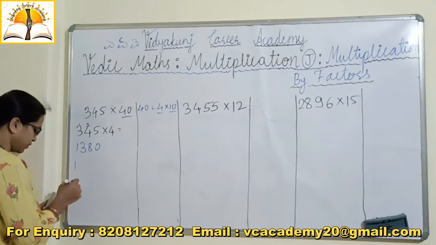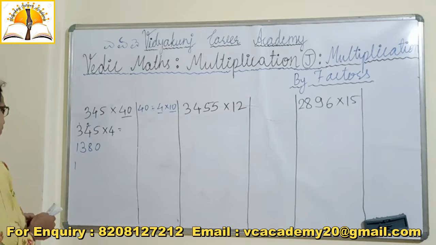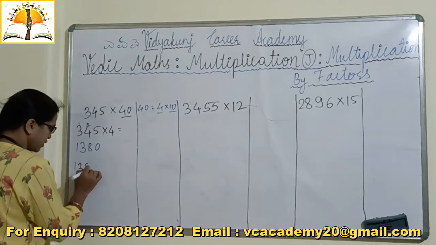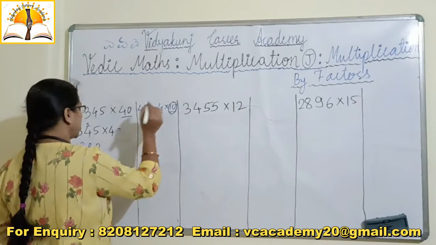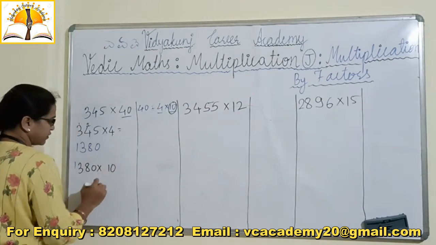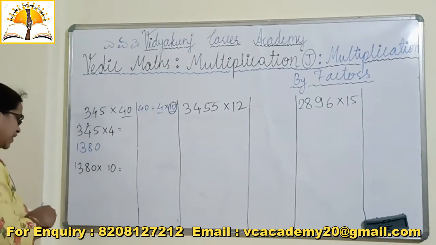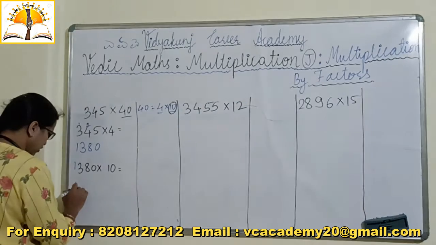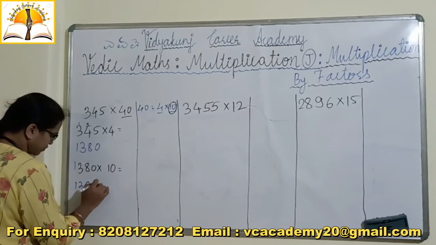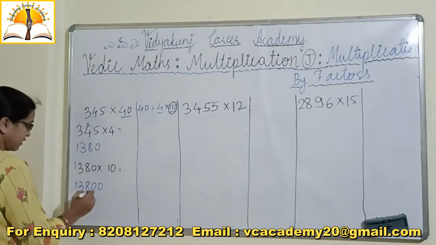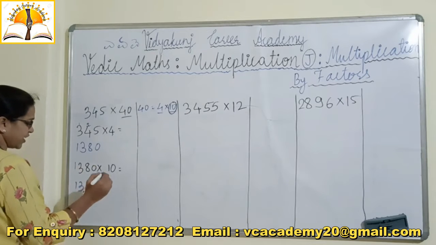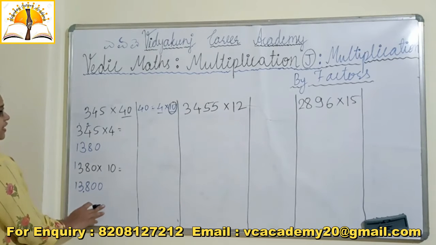Then see the next step. I will take the next factor, 10. After multiplying here, you will get this answer, 13,800.